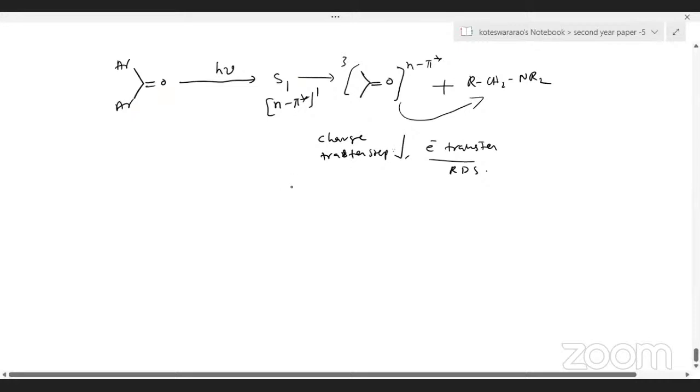Then, whenever the electron is transferred, it leads to the formation of two radicals. One is the aryl radical oxyanion, and the tertiary amine produces a radical cation.